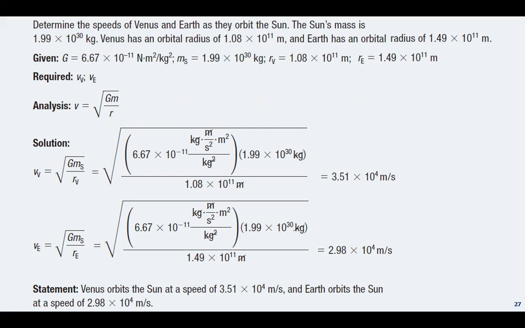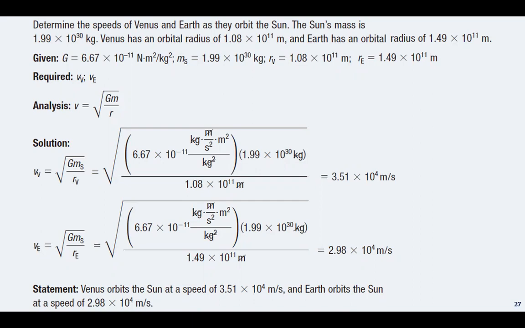Putting all the values in, we have v_V equals 3.51 times 10 raised to the power 4 meters per second. And then we can use the same method to calculate the speed of the Earth, which is approximately 2.98 times 10 raised to the power 4 meters per second.